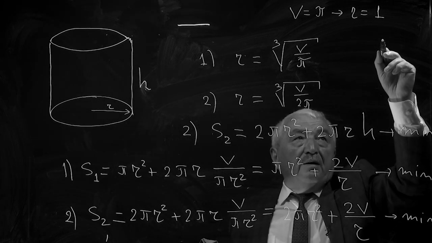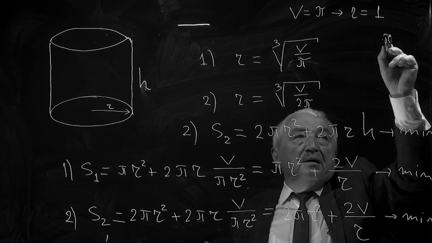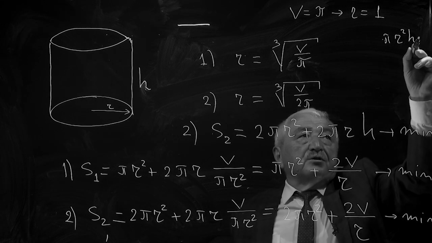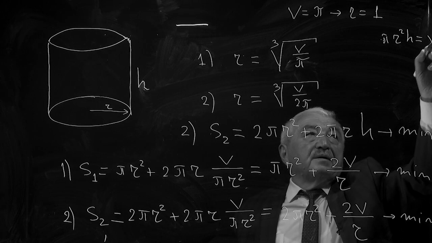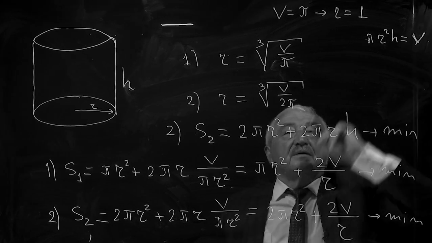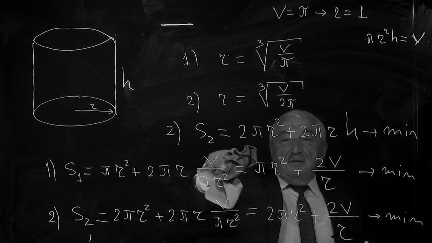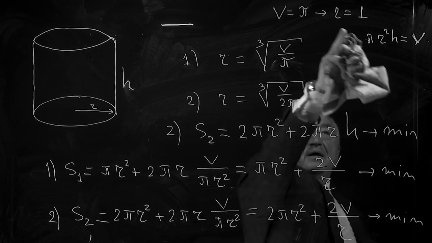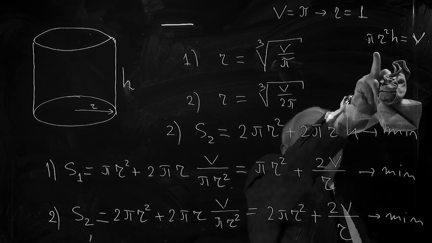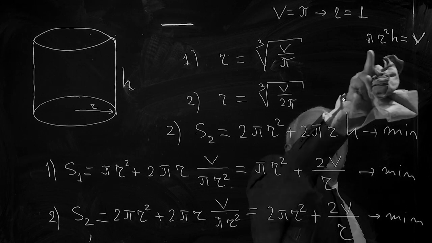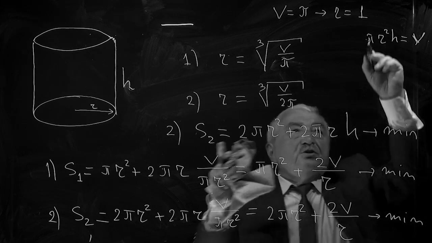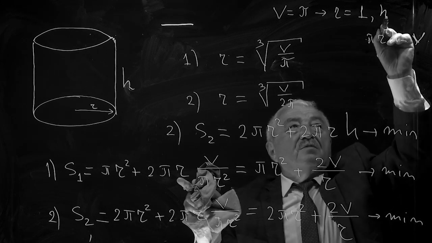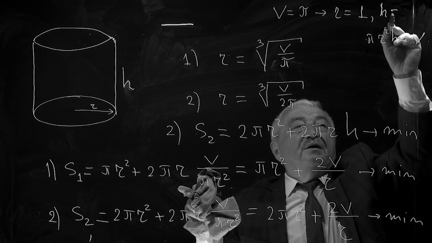Our formula, pi R to the second power H is equal to V. V is equal to pi, R is equal to 1, pi and pi are removed, and H is 1.